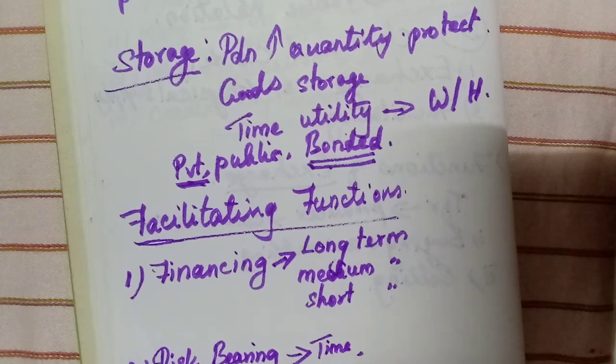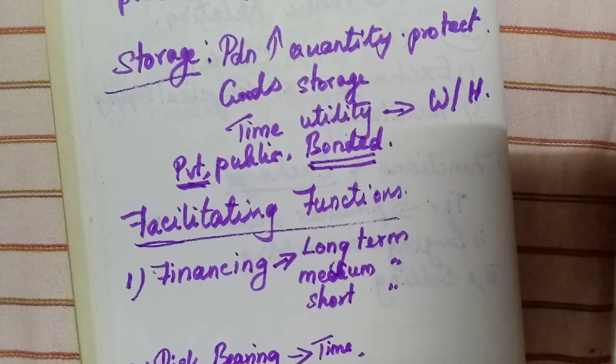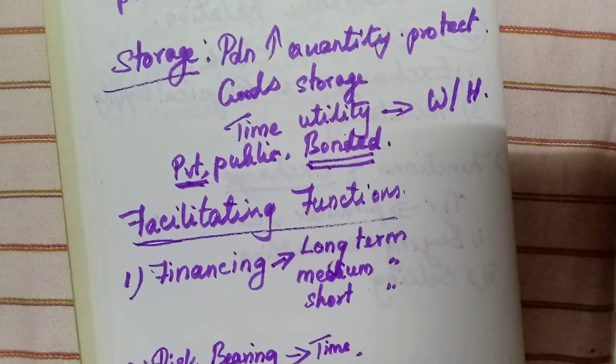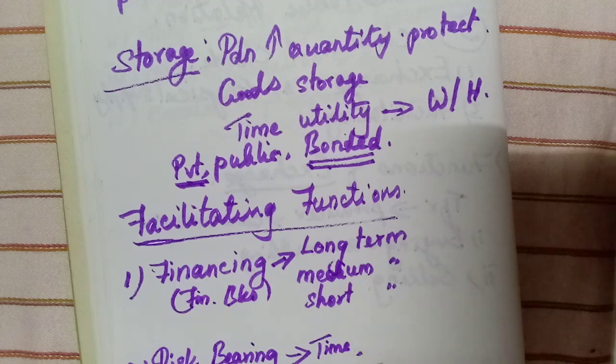In the warehouse, if any accident occurs, that will be borne by the insurance companies. Here the financing will be provided by the financial institutions or banks, and here insurance companies will bear the risk.